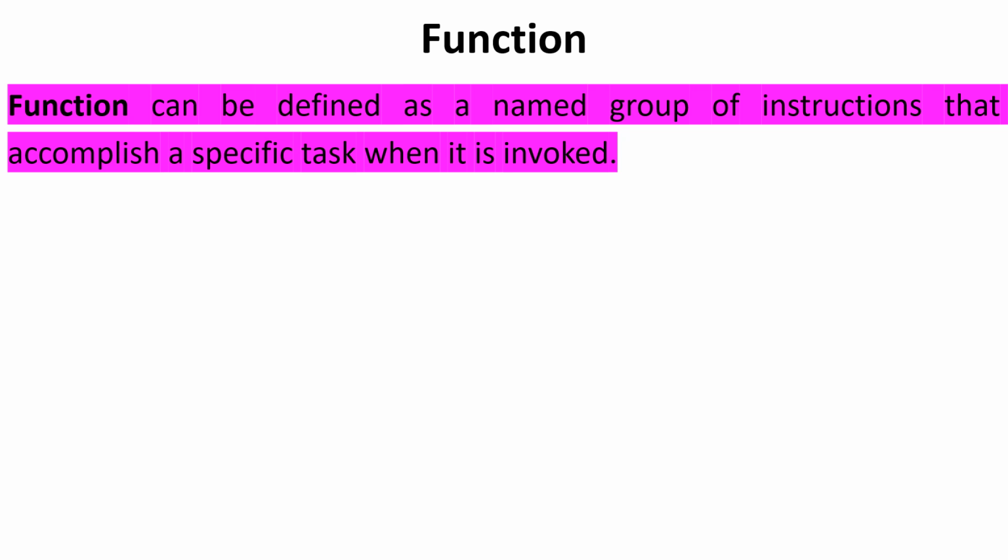When that particular function, factorial, is invoked, it will calculate the factorial. That is defined under one block, and that block is named factorial, and this is called a function.